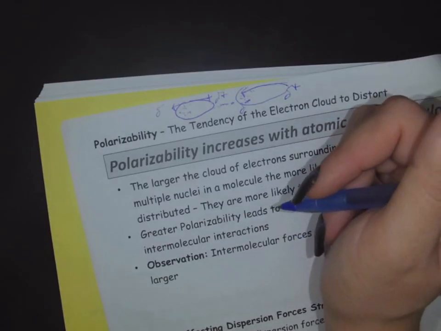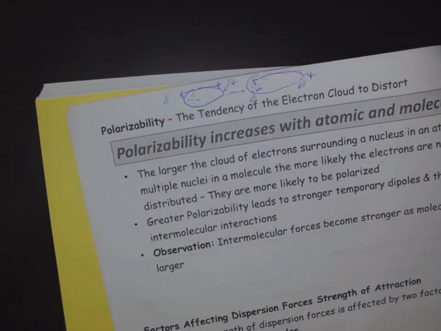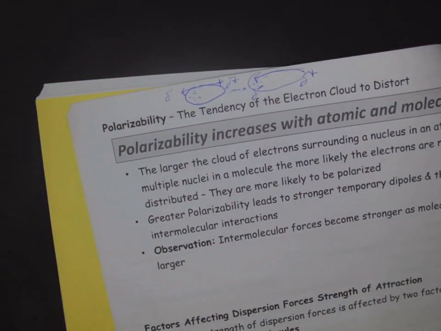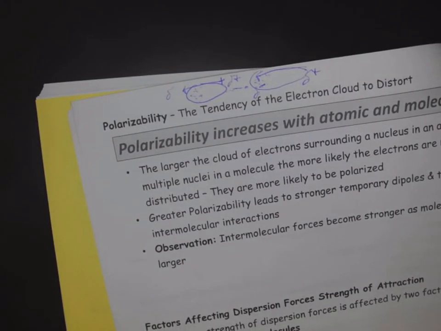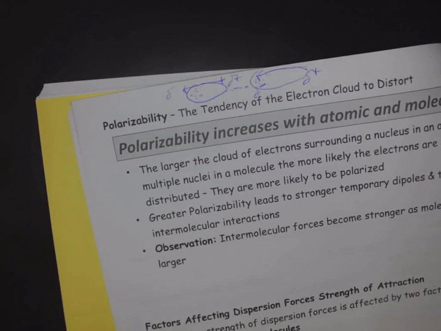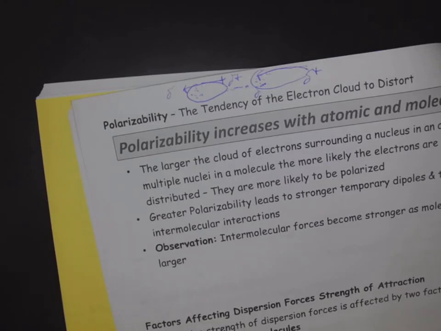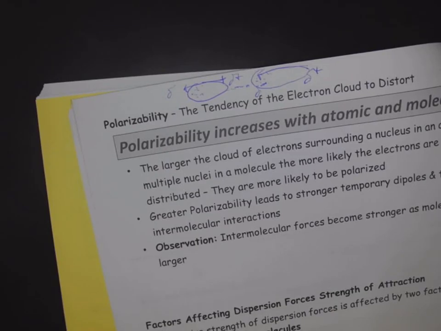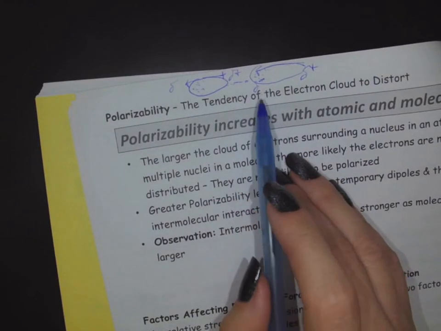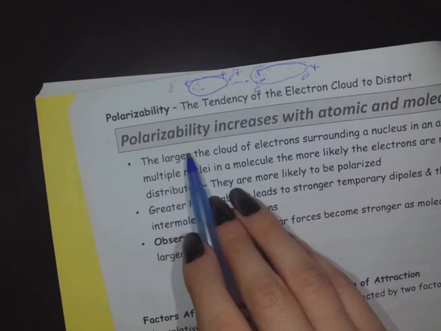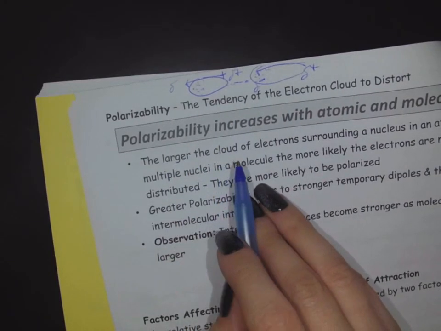And what we see is that there are two main things that affect the strength of this London dispersion. The first one is just the size of the molecules. How many electrons are there in this molecule? Because the more electrons we have, the greater likelihood that they might accidentally gather, and the more electrons can gather. So if we have a larger molecule, we increase the polarizability of the molecule.